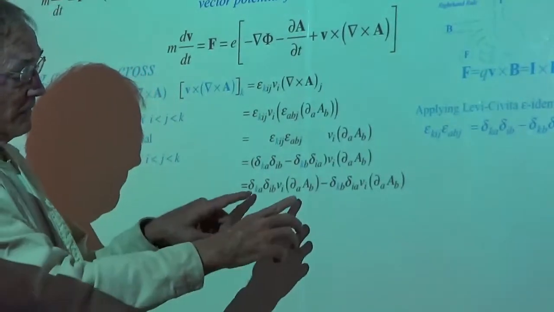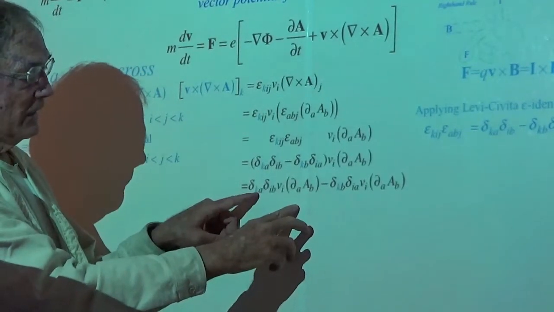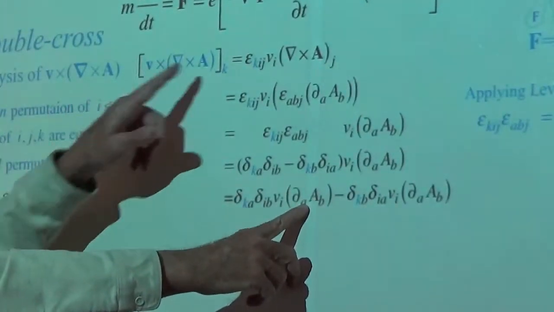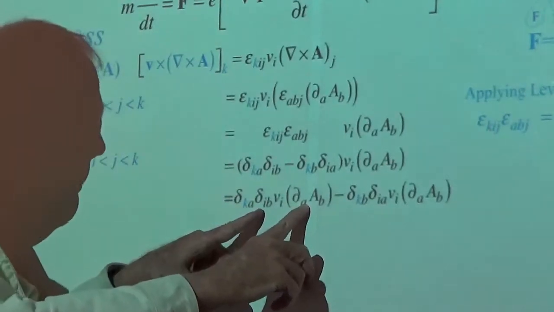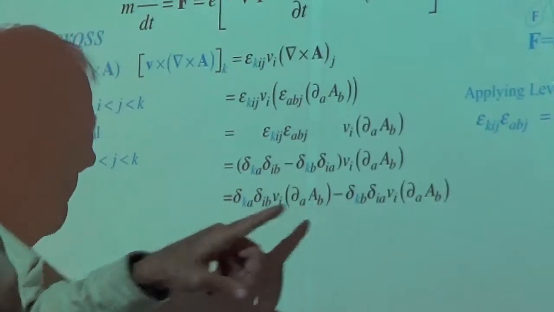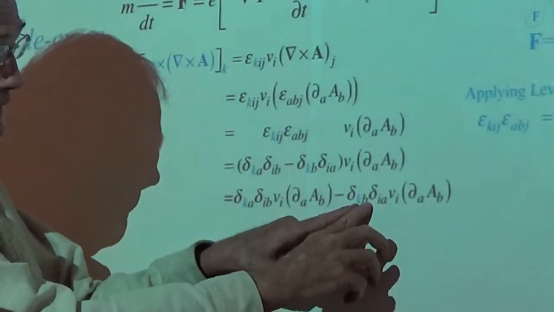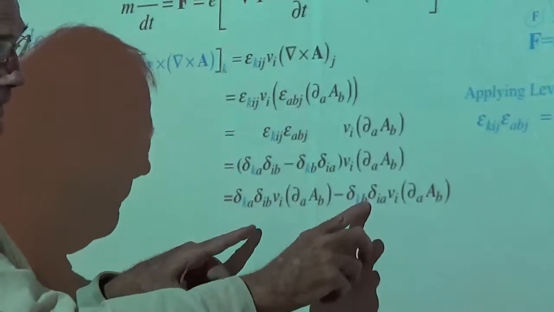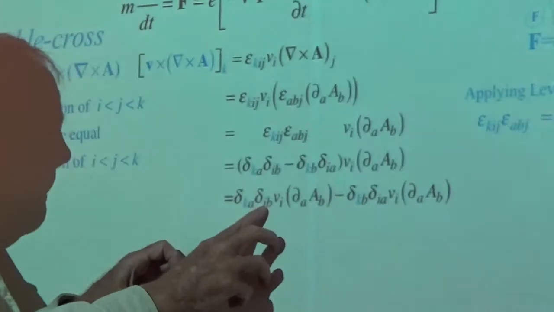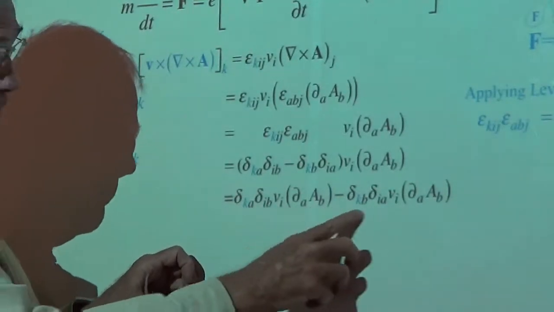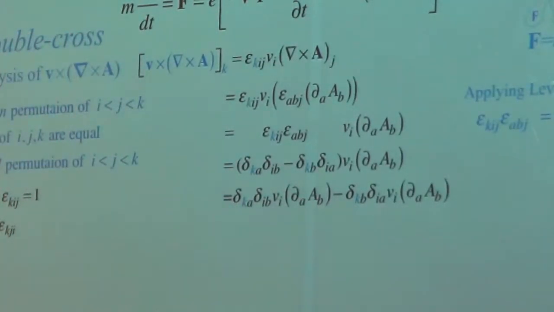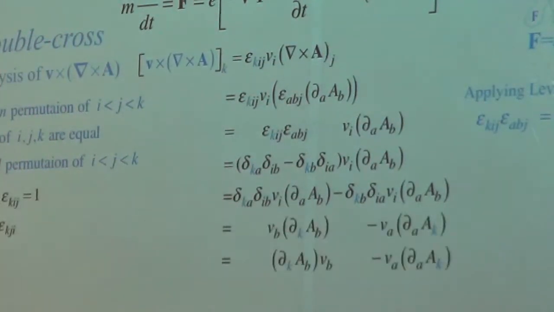So now I say, okay, I've got to set this a equal to k, and I've colored that to indicate that that k is not part of a sum. So I will be making those equal, and then doing the same thing down here with b being equal to k and a equal to i. Here b is equal to i and a is equal to k in this monomial that involves the derivative and the vector potential.